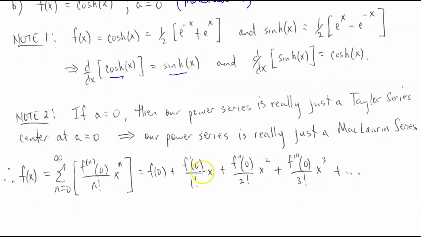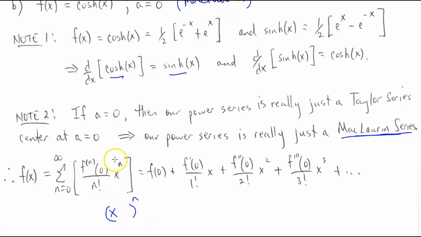Okay, so we know that, and again, I mentioned here that we just have a Maclaurin series. What this essentially does for our power series is that when we have the x minus a raised to the n part, since a is going to be 0, we don't have to worry about that, and now it's just essentially x raised to the n.